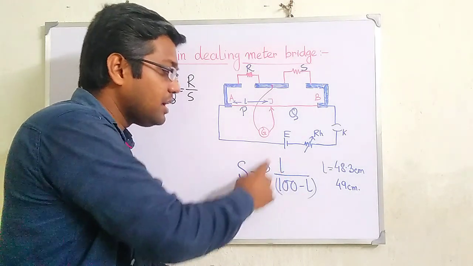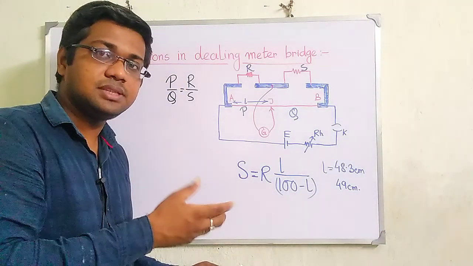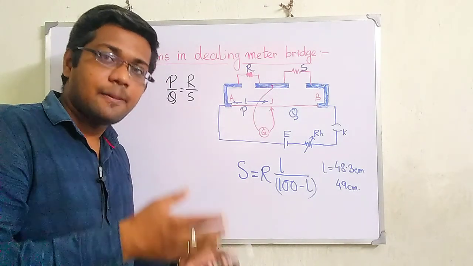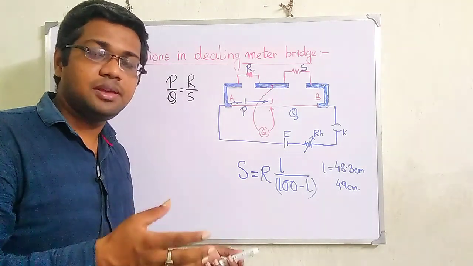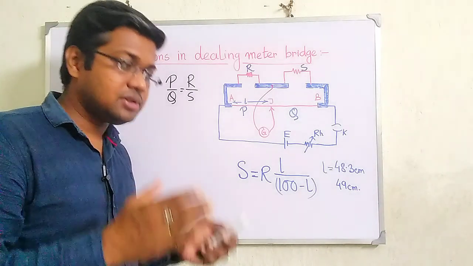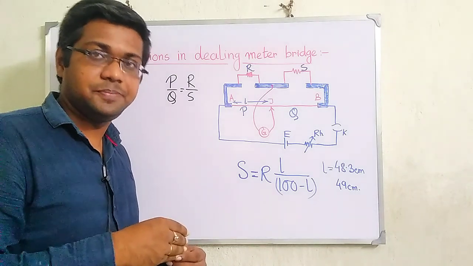Then small l divided by 100 minus l will change, so capital S will change and there will be error. So we need to know how to remove this error.